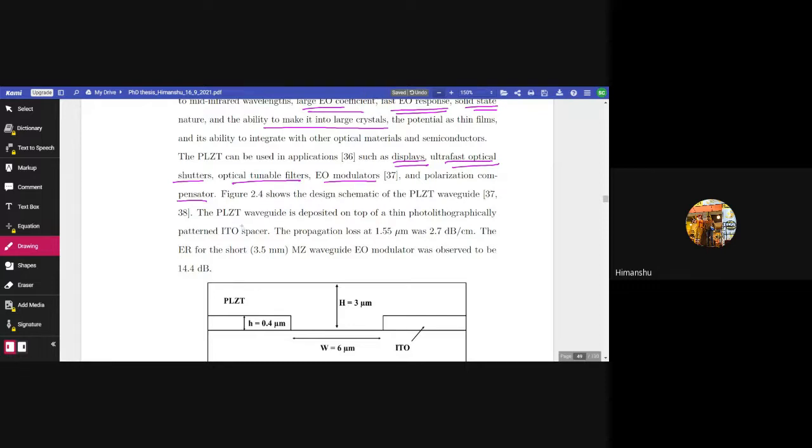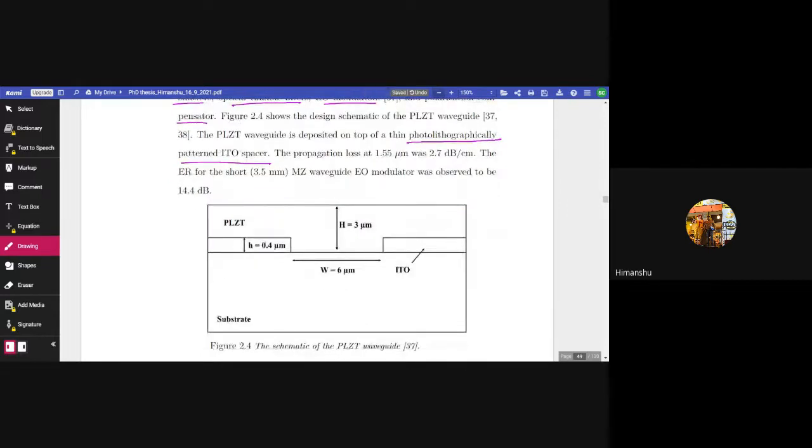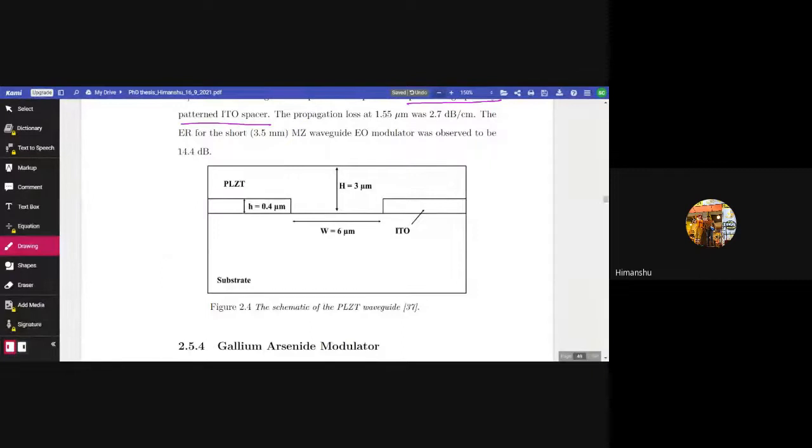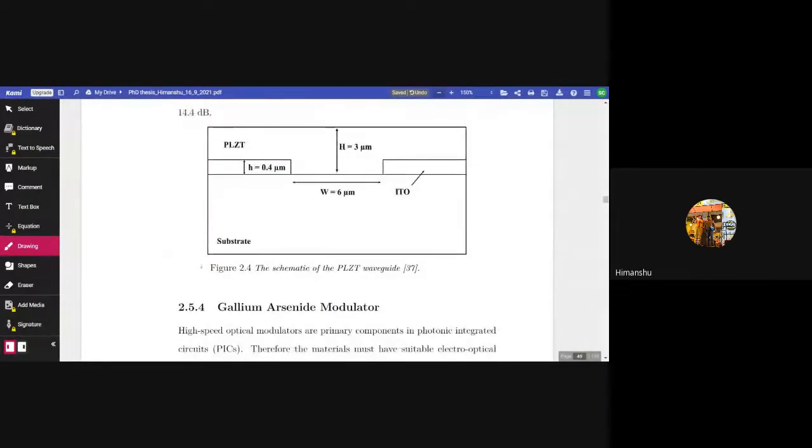The PLZT waveguide is deposited on top of the thin photolithographically patterned ITO spacer. The propagation loss at 1.55 micrometer was 2.7 dB per centimeter. The extinction ratio for the short 3.5 mm MZ waveguide EO modulator was observed to be 14.4. So figure 2.4 shows the schematic of a PLZT waveguide.